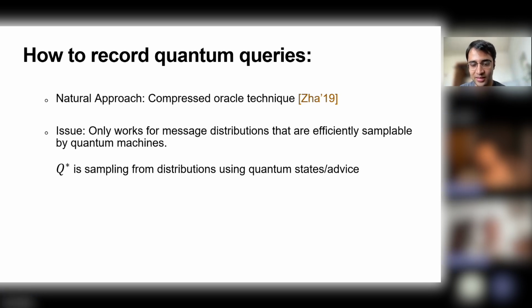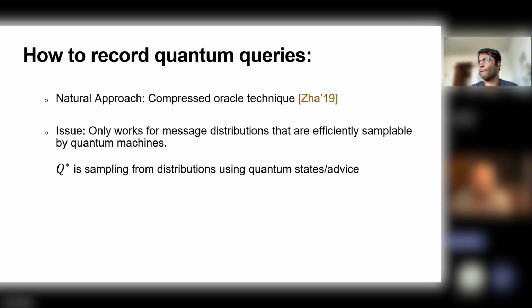I see. Okay, and if the advice was classical, is it immediate how you would generalize it? Maybe it's already known, actually. I don't know, but I was just curious. I'm trying to understand what that means. If the advice was classical, what I'm thinking is that if you have a random oracle and you have some advice on the random oracle, we can run the recording, the compressed oracle, but conditioned on some classical advice on the random function.